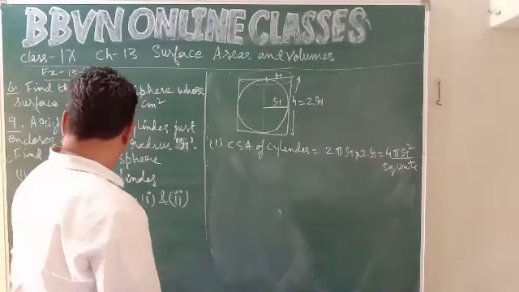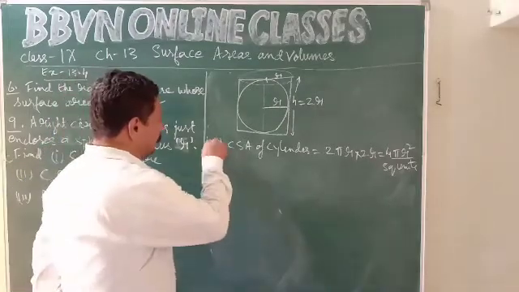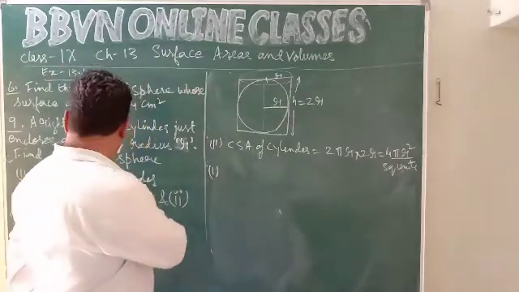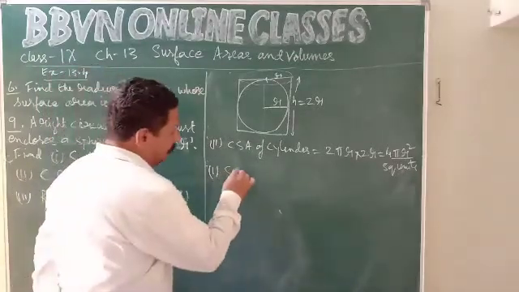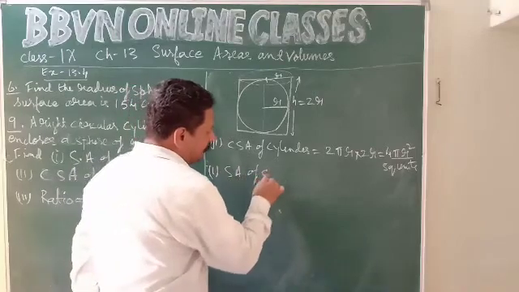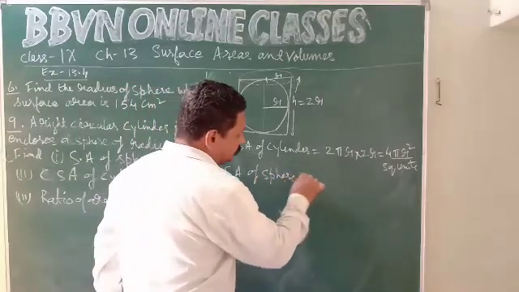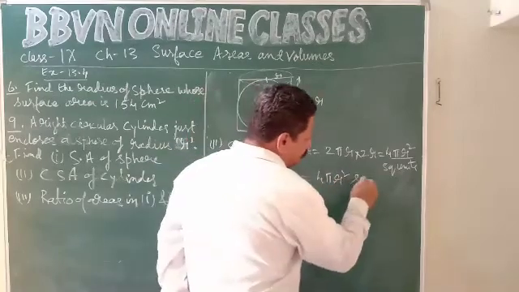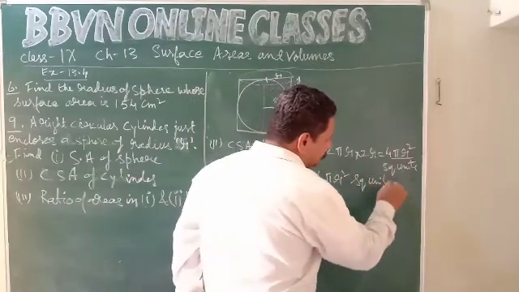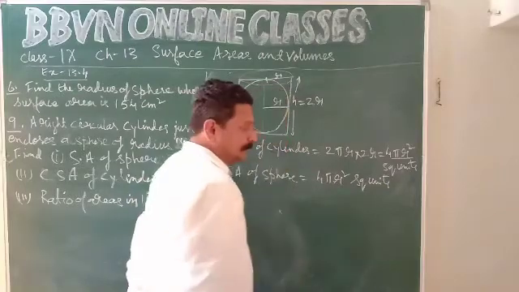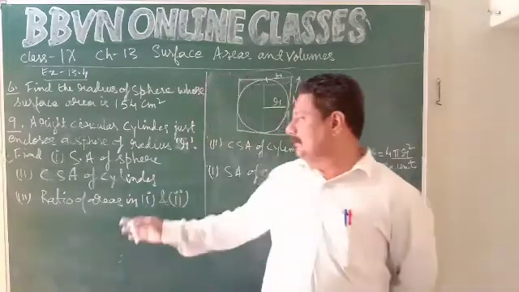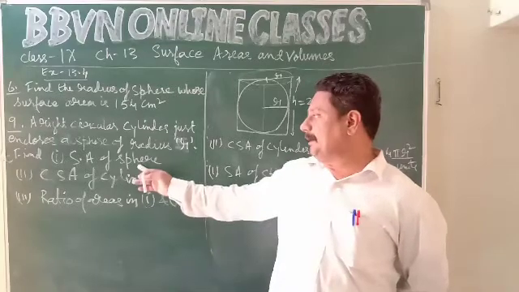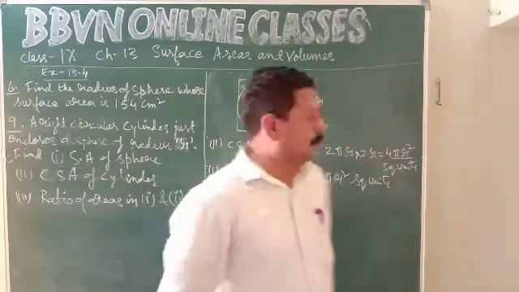Now, अच्छा, this was point number 2, sorry, curved surface area of cylinder. Now point number 1 was we have to find surface area of sphere. Surface area of sphere. It is simple, 4 pi r square, square units. Now what is the third point? Third point says you have to find a ratio of areas which we have found in point number 1 and point number 2.